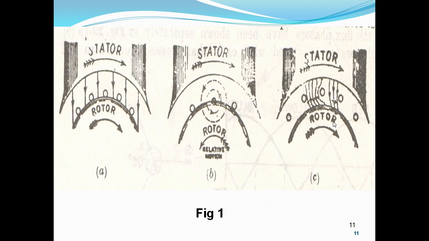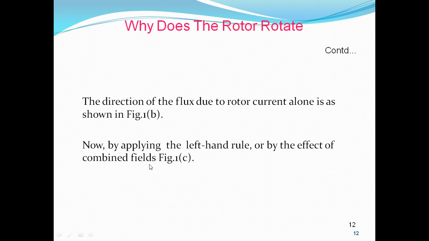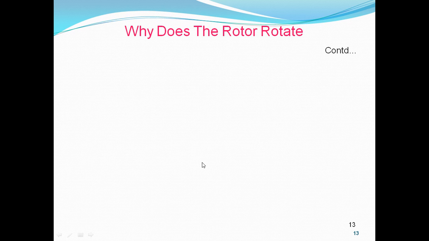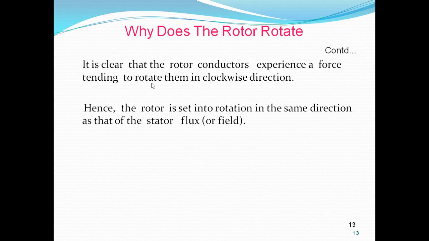I hope you understand this one. The direction of the flux due to rotor current alone is shown in figure B. By applying Fleming's left hand rule, or by the effect of combined fields in figure C, it is clear that the rotor conductors experience a force that tends to rotate them in the clockwise direction.